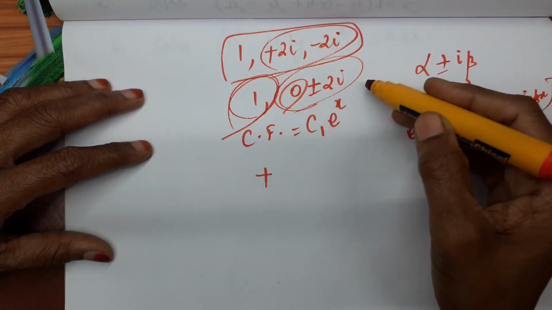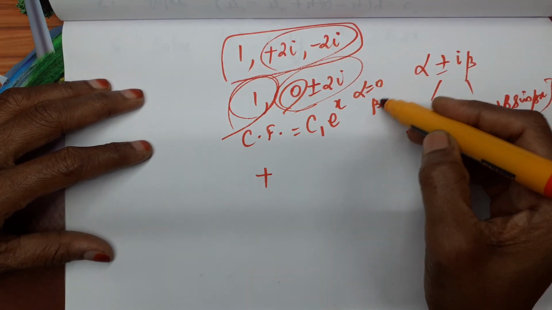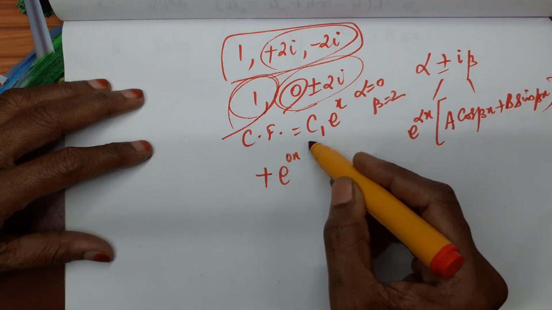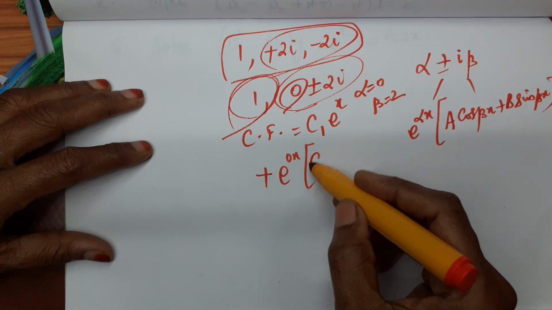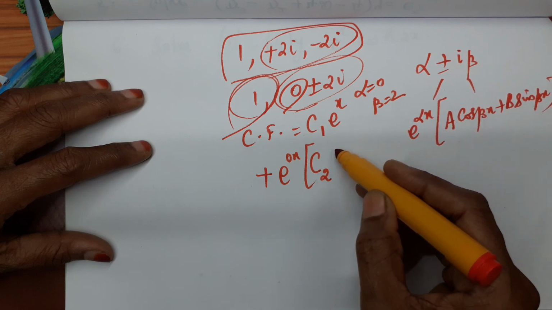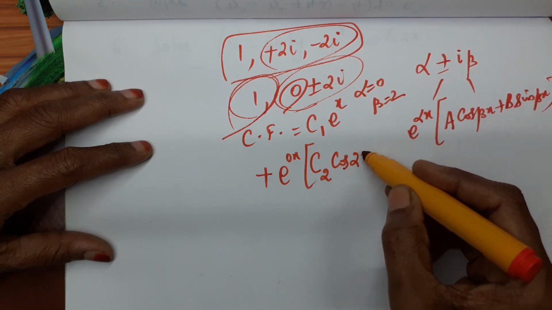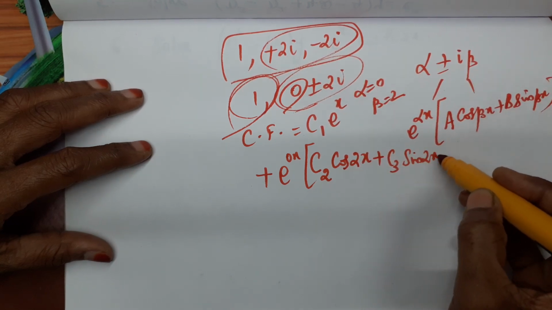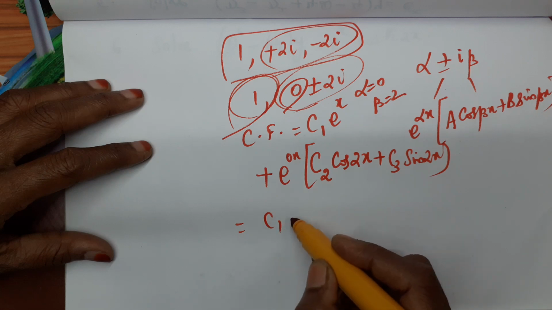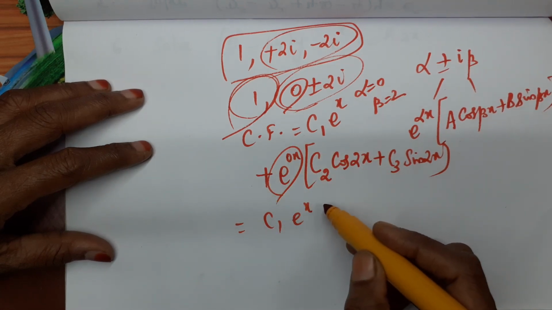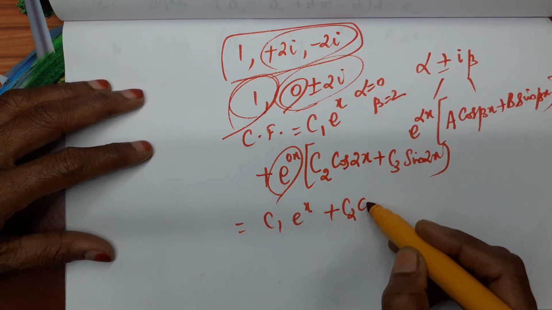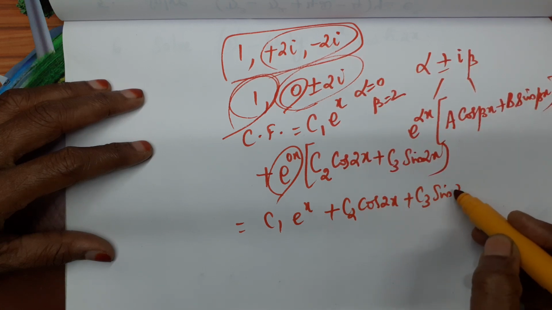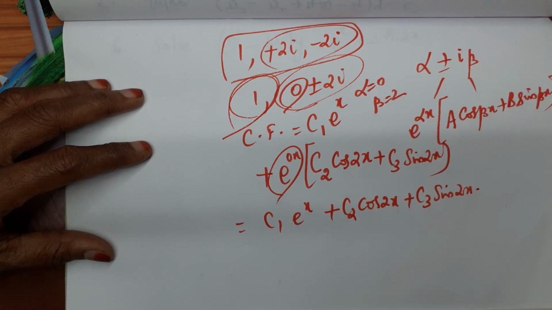Here alpha is 0 and beta is 2. So e power 0x, and I can take the constant as C2, cos 2x plus C3 sin 2x. So CF is C1 e power x, since anything power 0 is 1, plus C2 cos 2x plus C3 sin 2x. Is it clear?